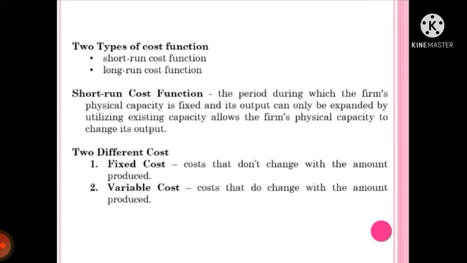Going back to the example of Juan Tamad's burger business, variable cost applies to the burgers he produces because of the raw materials he needs, for example the ingredients of the burger. So from time to time, there is an increase in variable costs.